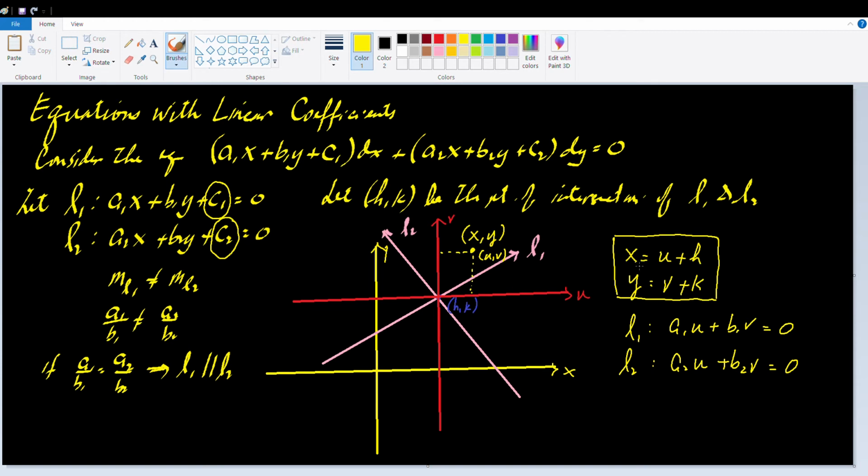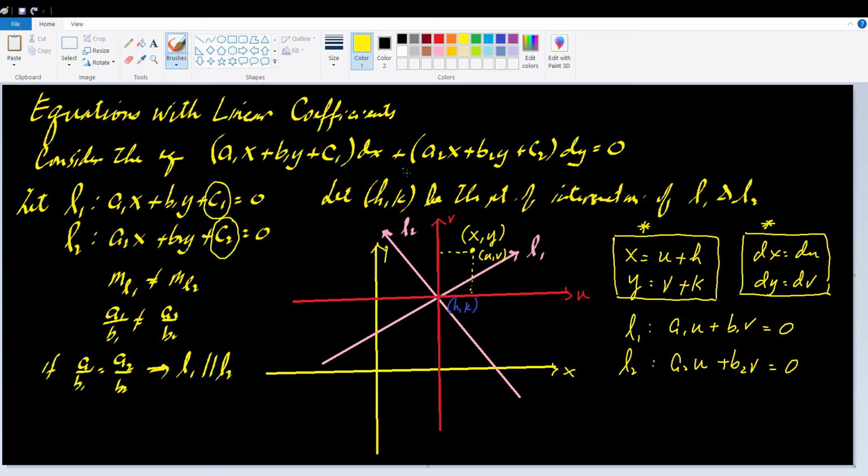Again, since we are introducing new variables u and v, there will also be a change in the differentials. So taking the differential of x = u + h and y = v + k, we get dx = du and dy = dv. So we have to calculate the point of intersection (h, k), and then we make these substitutions.